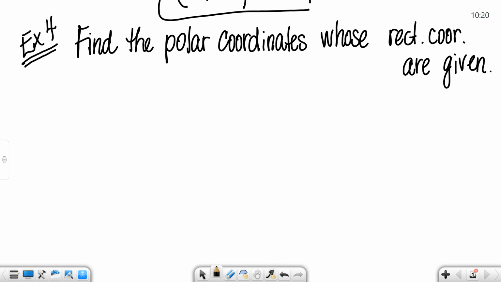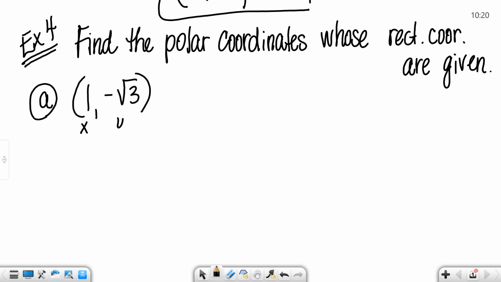So this time we are given rectangular coordinates. So this is x and this is y. This time we're trying to find r and theta.